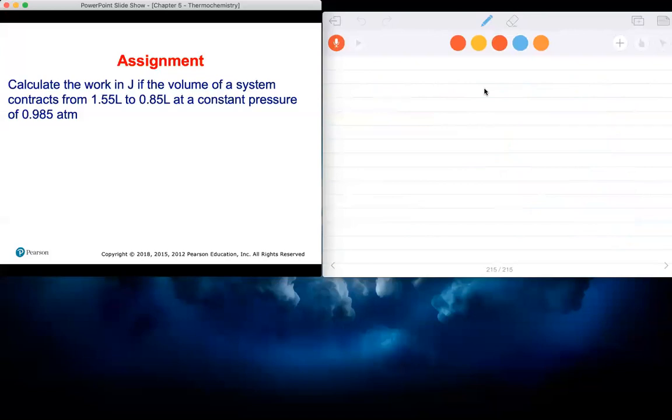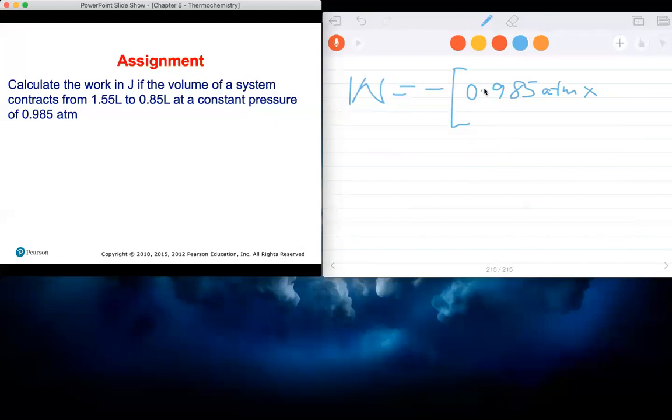Now, in this example, we use the equation work is given by negative pressure, 0.985 atm, times change in volume. Change in volume is final minus initial.